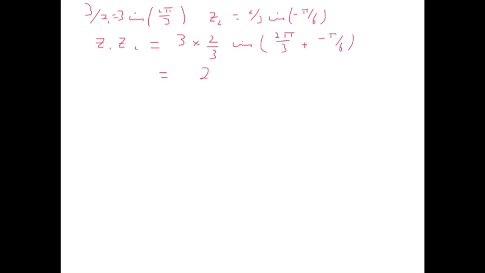So this cancels down to 2 cis, so 2 pi on 3 is really what? 4 pi over 6. Take away pi over 6, which means we end up with 2 cis 3 pi over 6, which is pi over 2. So the correct option there is B.